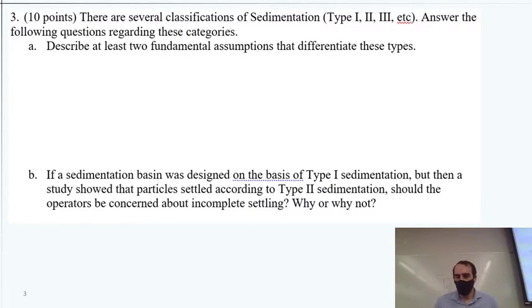And so there's a few answers that were fine. And as I'm reading this right now, I realize that while I was grading, I was thinking about type 1 versus type 2.